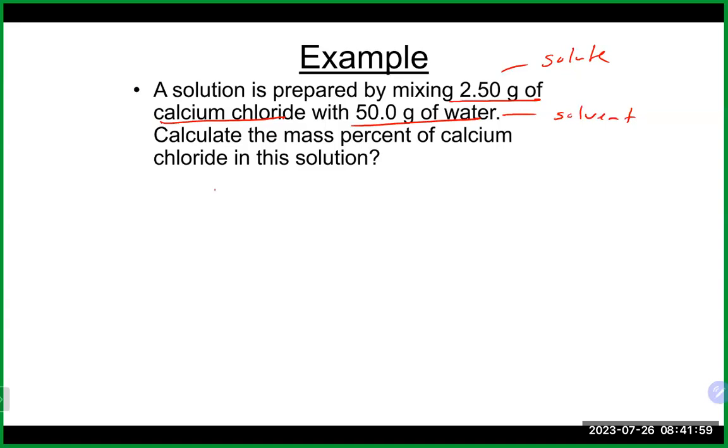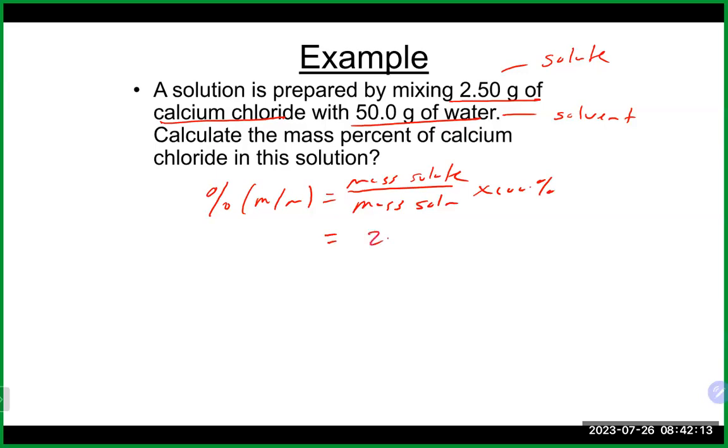So when we're calculating our percent mass to mass, the mass of our solute divided by the mass of the solution times 100%, we have our 2.5 grams, which is our solute. And here we need to add both of those numbers to get the solution part of it, and then multiply by 100%.